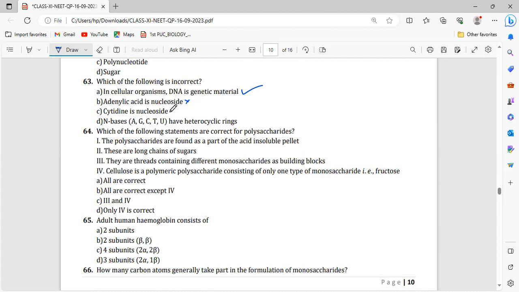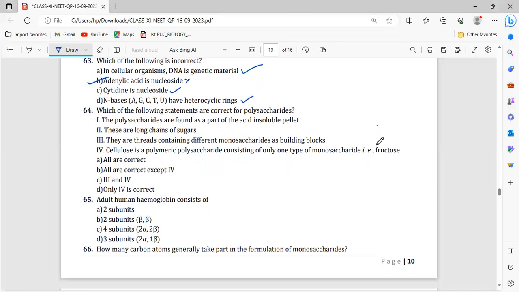Cytidine is a nucleoside, which is correct. Nitrogen bases A, G, C, T, U have heterocyclic rings. All nitrogen bases have heterocyclic rings. So B is the incorrect one.